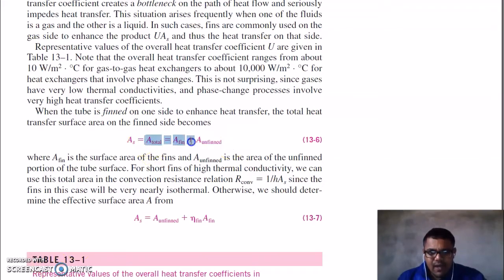So this relation is valid for short fins of high thermal conductivity. We can use this total area in the convection resistance relation, which is equal to 1 by hAs, since the fins in this case will be very nearly isothermal. Otherwise, we should determine the effective surface area A from this relation, where this is the efficiency of the fin.